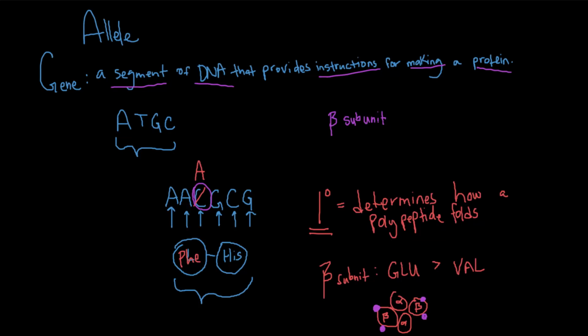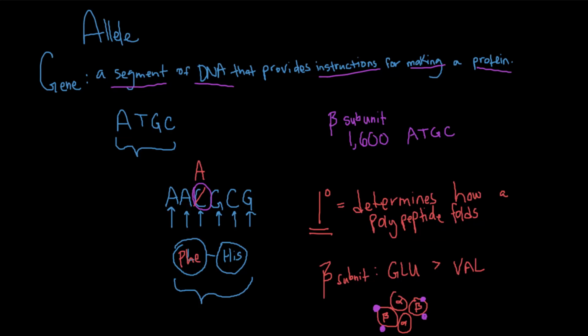The beta subunit gene is around 1600 letters of DNA long, so 1600 letters of A's, T's, G's, and C's in a very specific sequence.